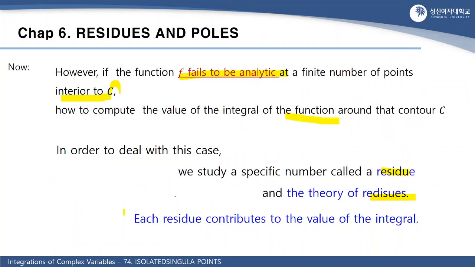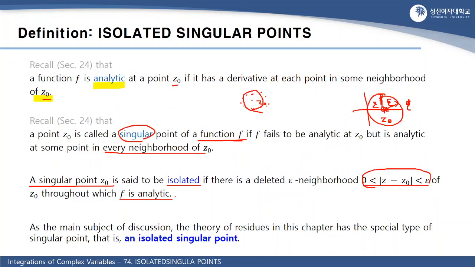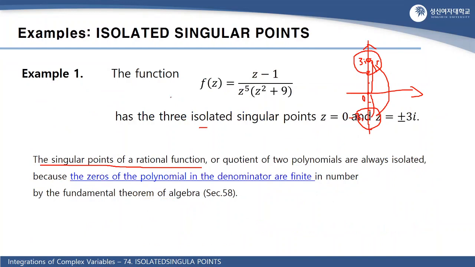Okay, here is the given function. Here f of z is equal to z negative 1 divided by these terms. For any point here, there is no point that makes the denominator of f of z 0.